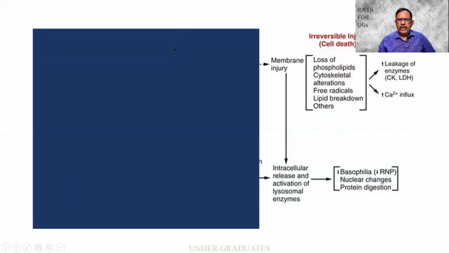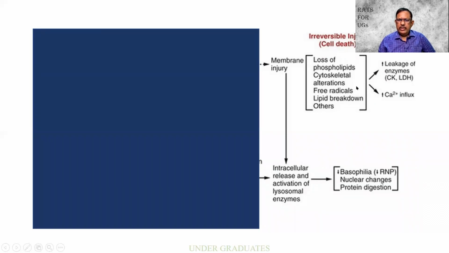So far, so good. If the insult has been removed, the cell might revert back to normal. But if it is going to be persistent, then what happens is there is an irreversible cell injury or cell death. So there is a membrane injury which can lead to all these changes.